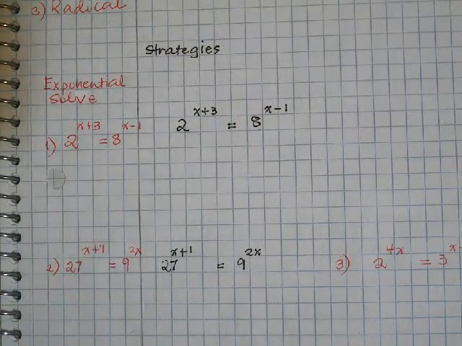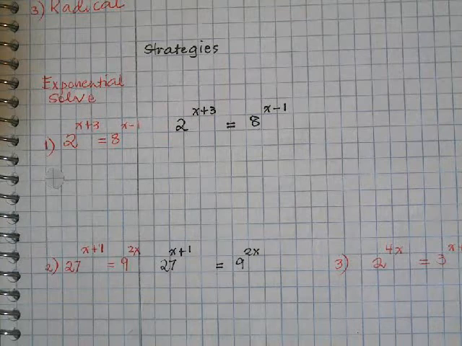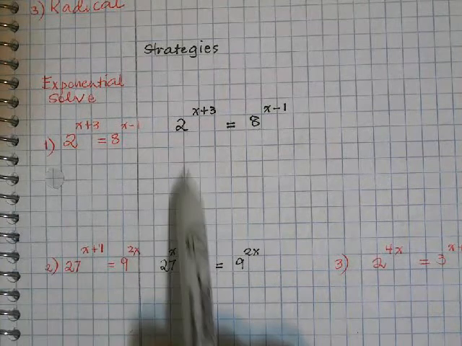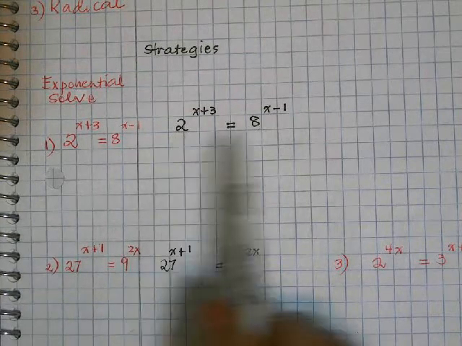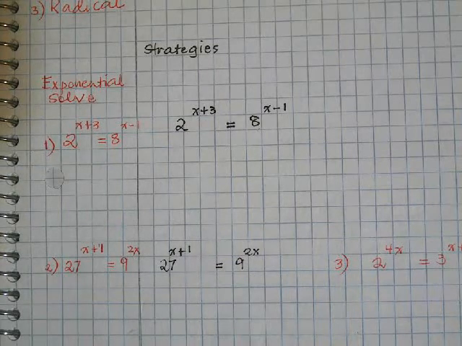What is x? The first strategy that you're going to use when you see equations like this is to attempt to convert the bases into the same base. So that is strategy number 1: we convert to the same base.